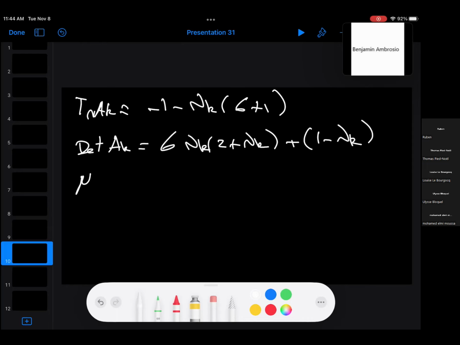So my eigenvalues are mu_{1,2}^k equals 1 divided by 2 of the trace plus or minus the square root of trace square minus 4 times the determinant.